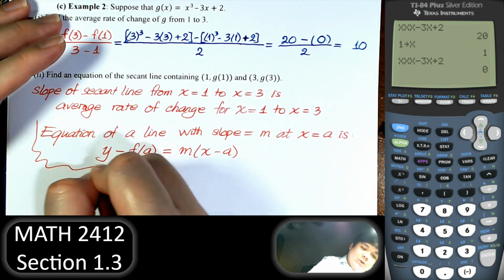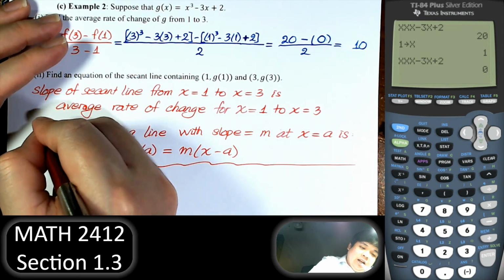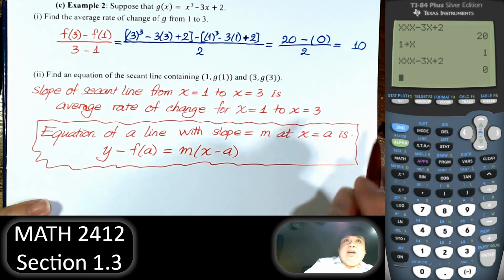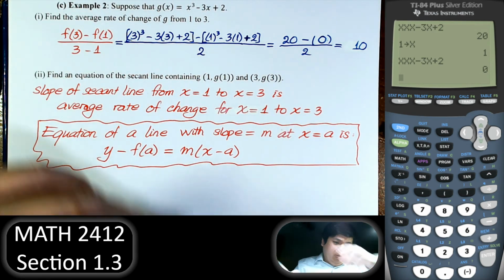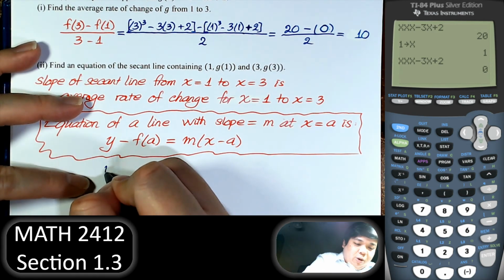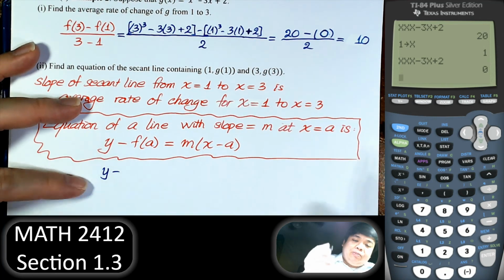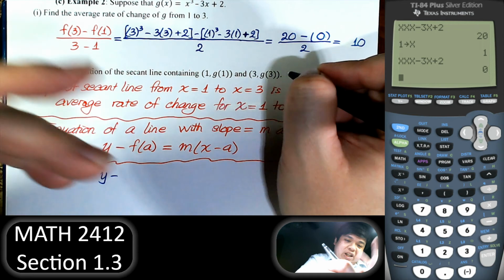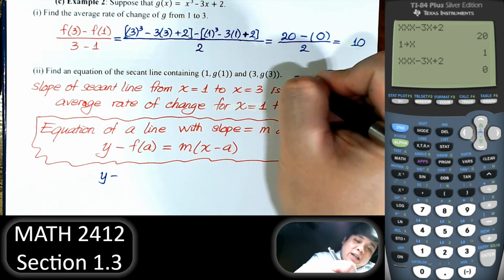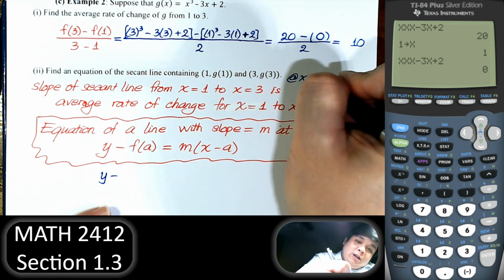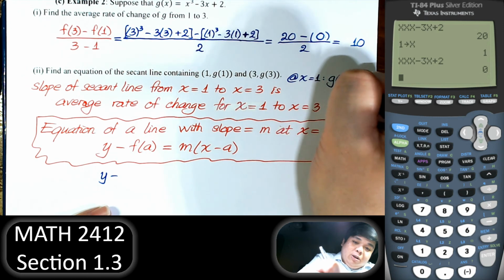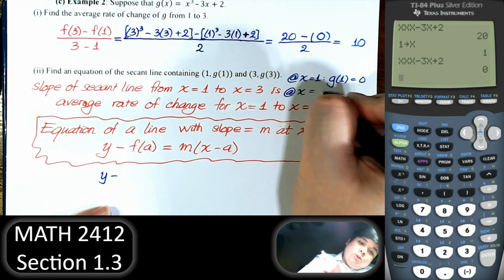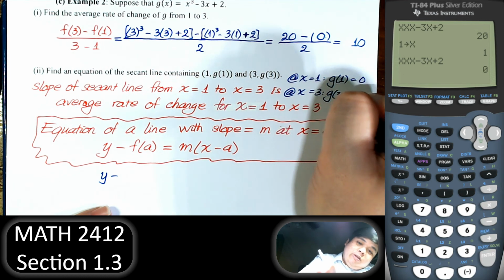So this is the equation of the line with slope m through the point x equal to a. So now after all of that, we have the values of f or g, it doesn't really matter. Here at x equal to 1, the value of the function is equal to 0. We did that. At x equal to 3, the value of the function is equal to 20.